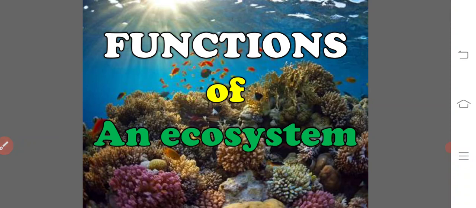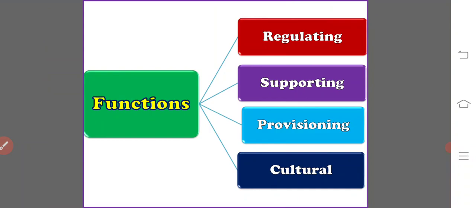And here we can see the functions of the ecosystem are categorized into four types. There are 19 ecosystem functions that have been listed, and they are included into four categories based upon their functional role.